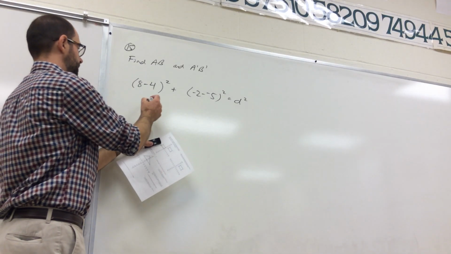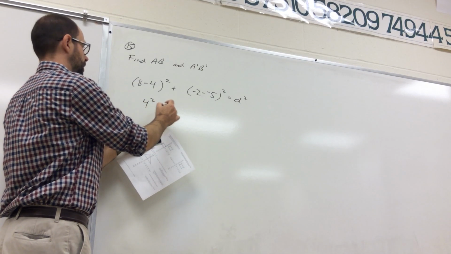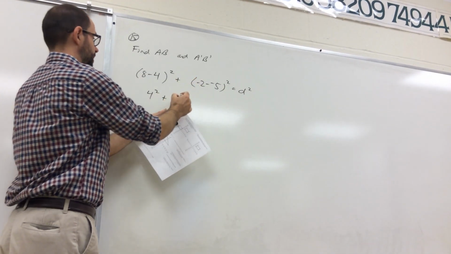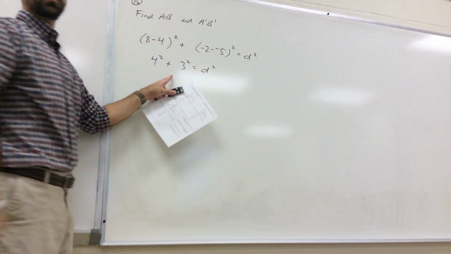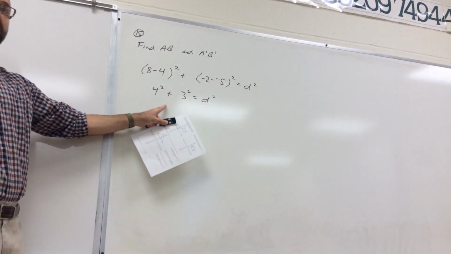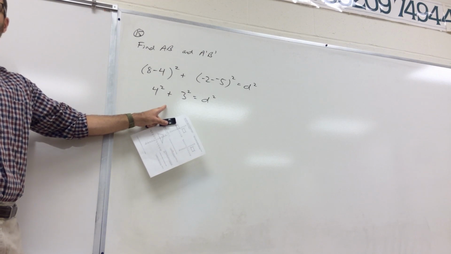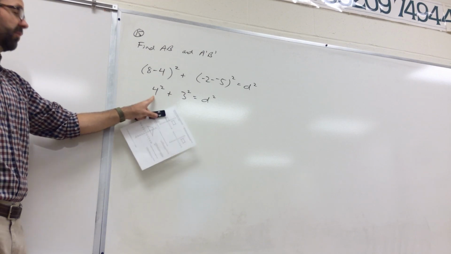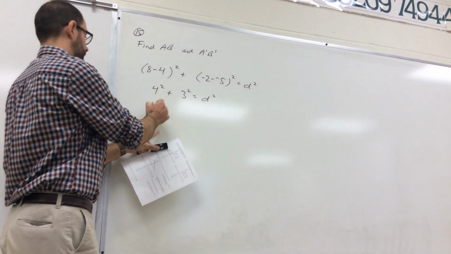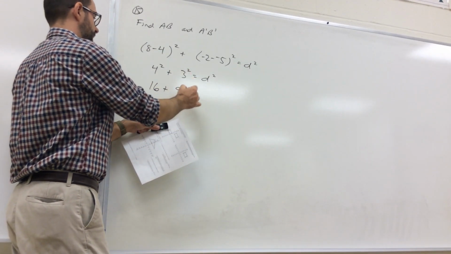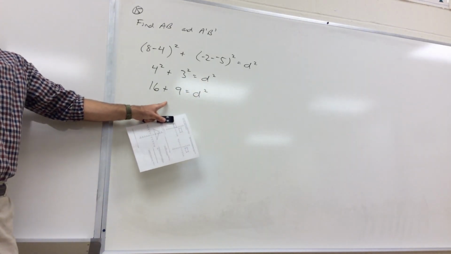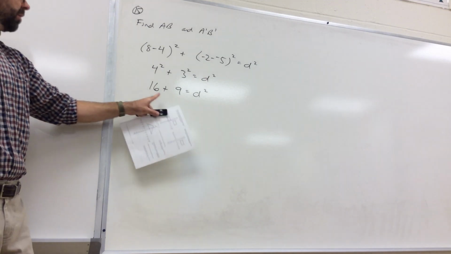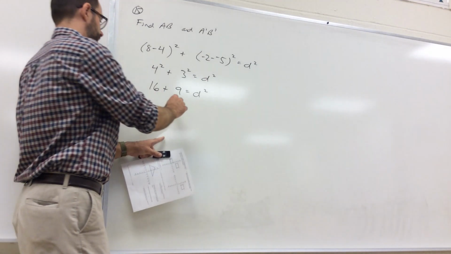Okay, so 8 minus 4 comes out to 4. And negative 2 minus negative 5 comes out to 3. And then 4 squared is 16, and 3 squared is 9. And then 16 plus 9 is 25.